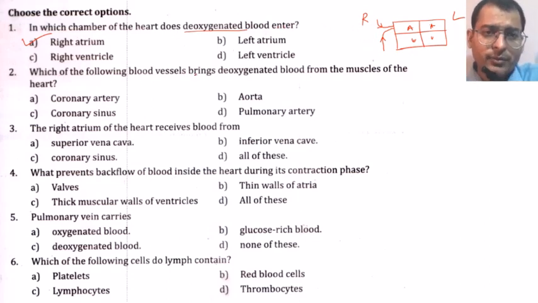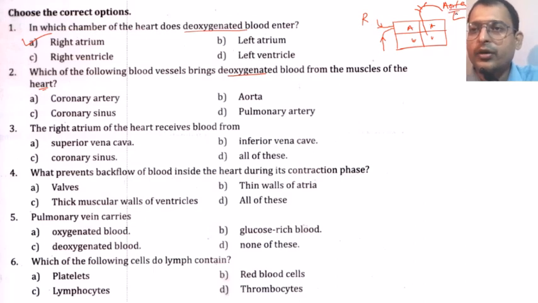Which of the following blood vessels brings deoxygenated blood from the muscles of the heart? Coronary artery, aorta, coronary sinus, pulmonary artery. You must recollect that from the left ventricle emerges the aorta.